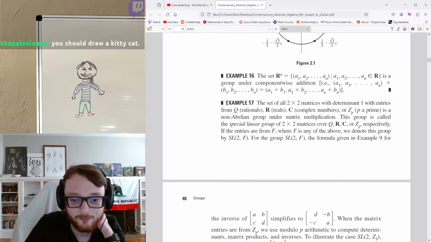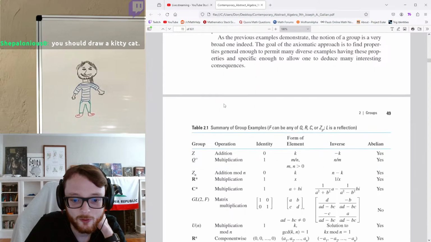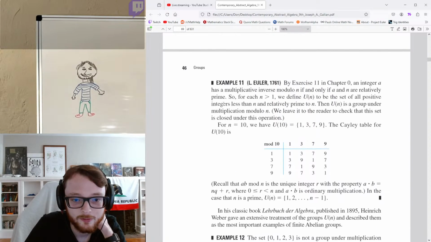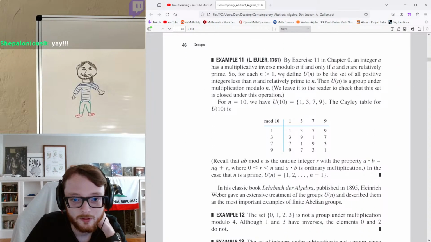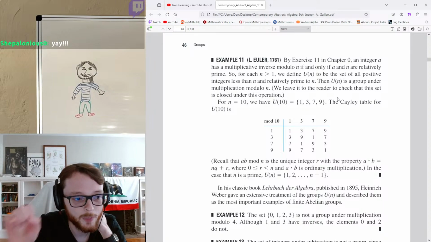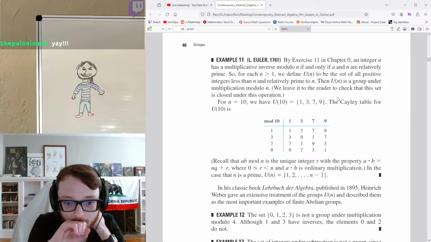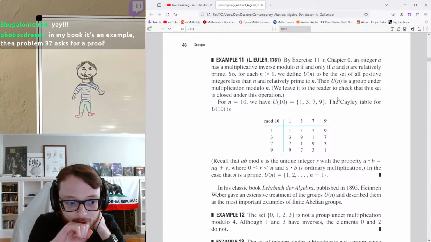Oh yeah, it's the Euler thing person we talk about. Okay, yeah, so modular arithmetic is a group. Oh wait, no, this is only similar.